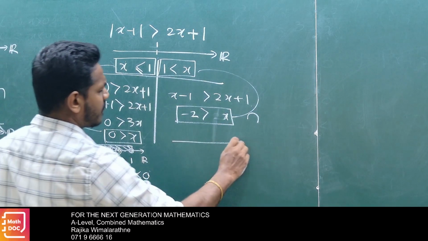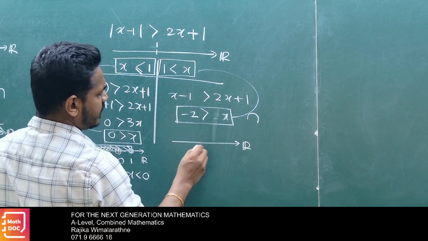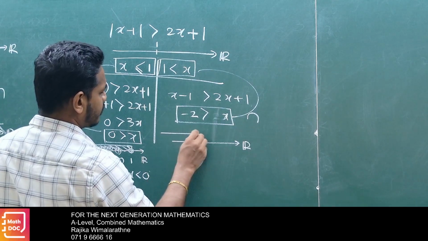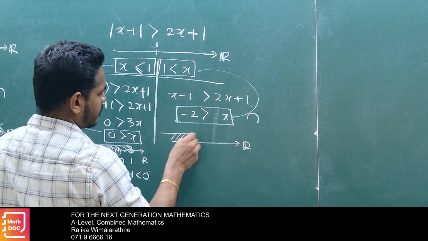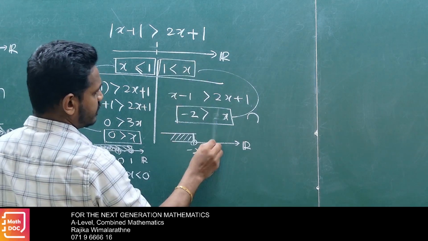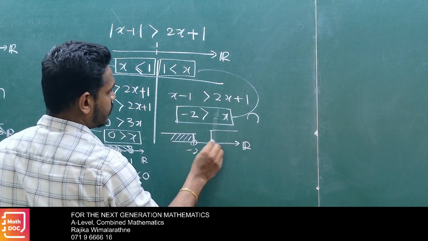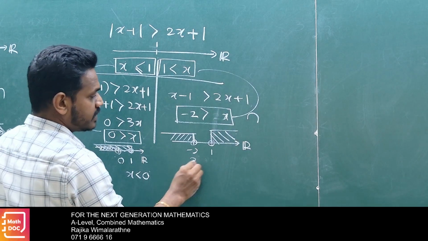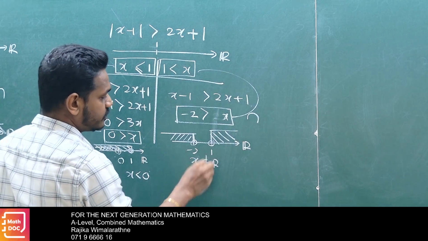Then here less than minus 2, here greater than 1. We can't see a common region, no? For that case, we don't have a real value.